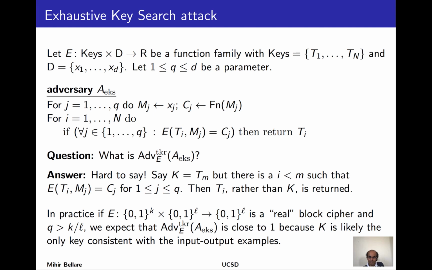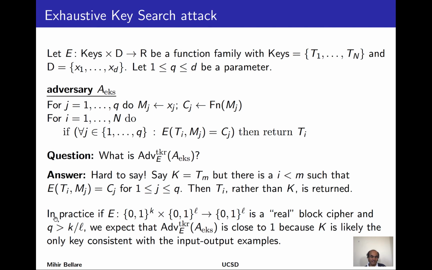The reason that's true is because it's most likely the case that the target key is the only key consistent with the input-output examples. So there's no danger of ambiguity, of finding a wrong key, because it just doesn't exist. There's only one key consistent with those examples, and that's the target key. But for that to happen, you need sufficiently many examples.